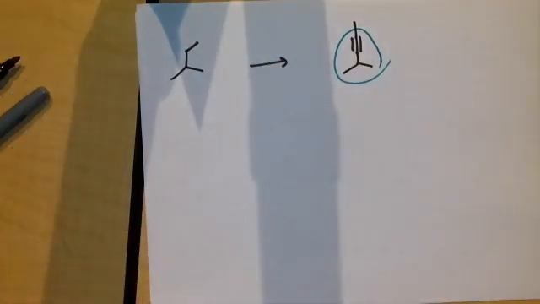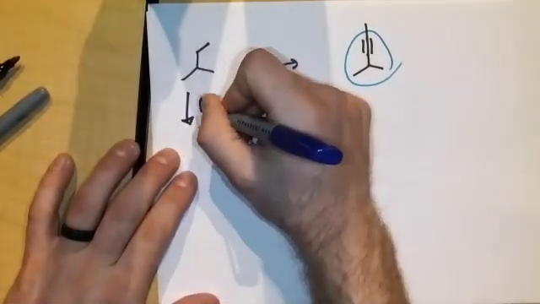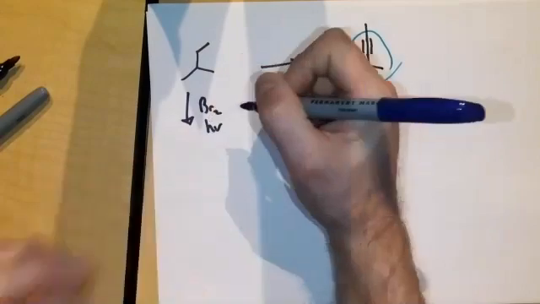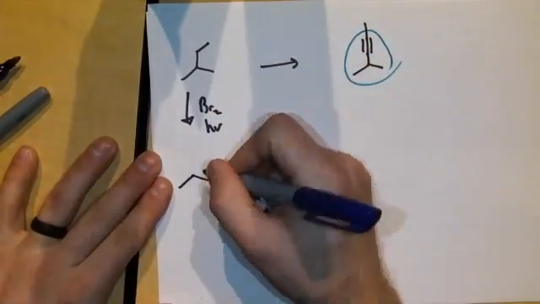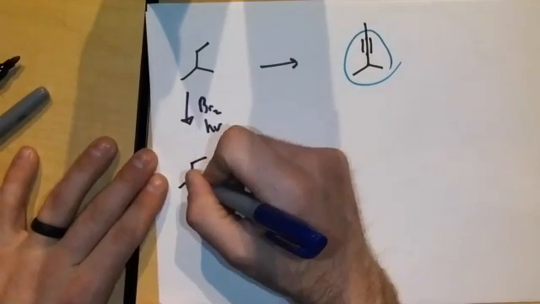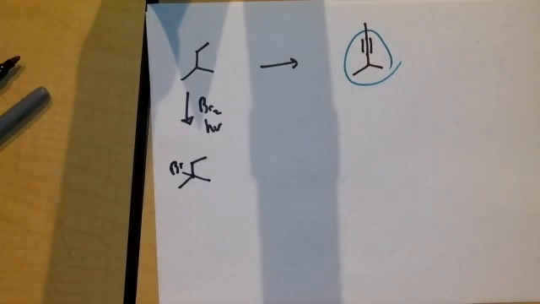So if I was to just throw in Br2 and light, we would brominate on this tertiary position.